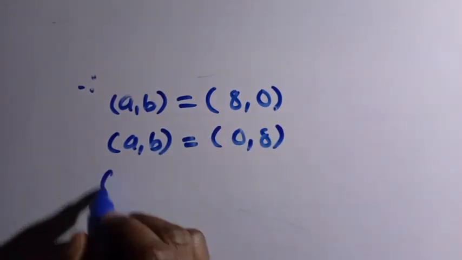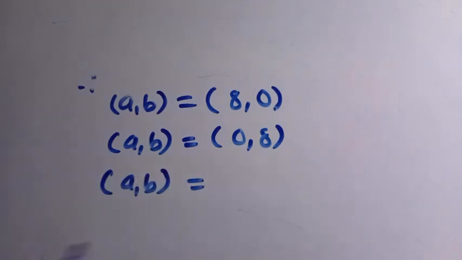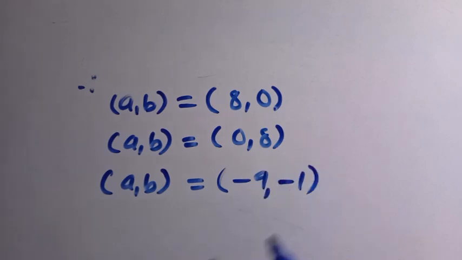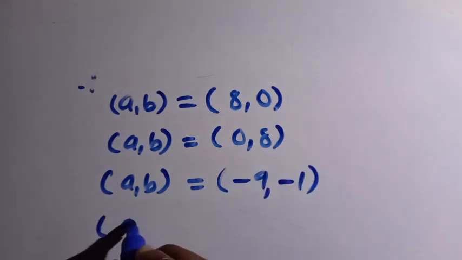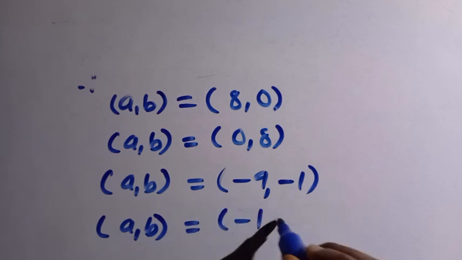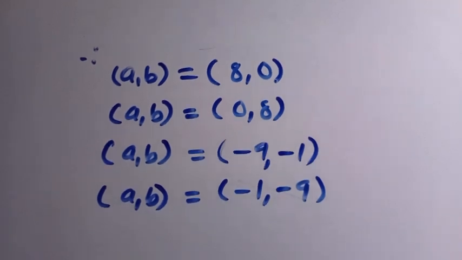Again we have the value of a comma b, which equals minus 9, minus 1, and we still have a value of a and b, which equals minus 1, minus 9. So all these are the values of a and b to these questions.